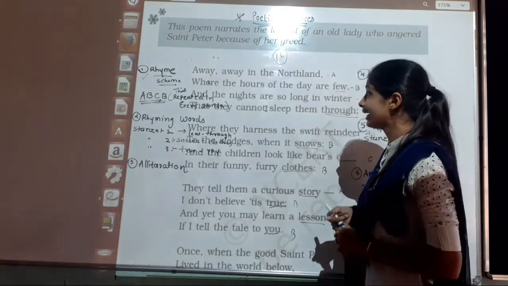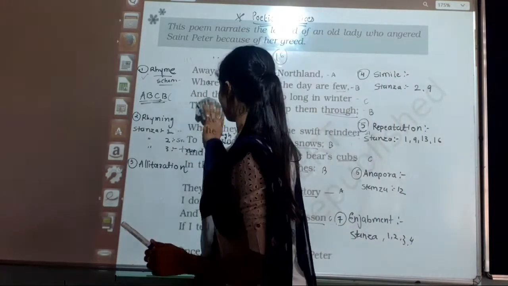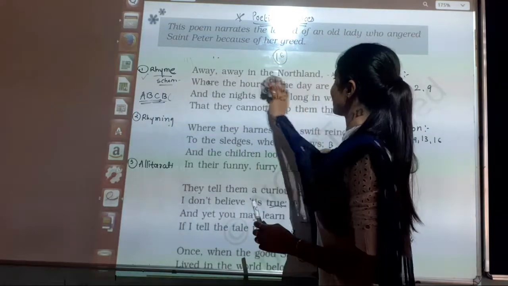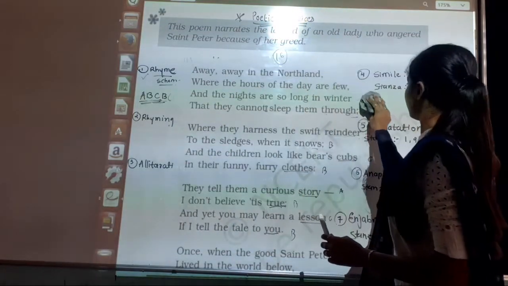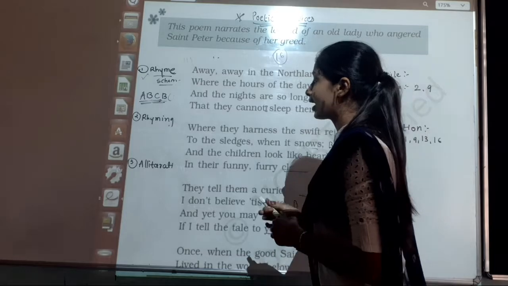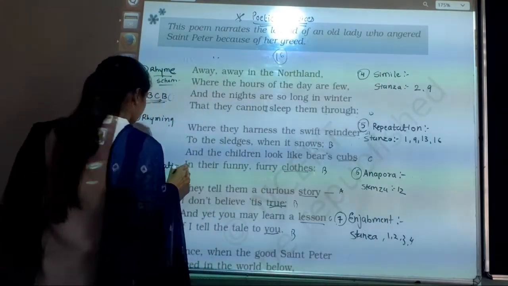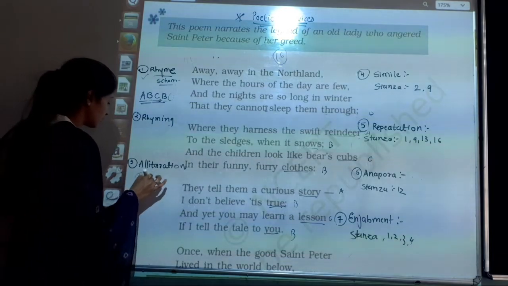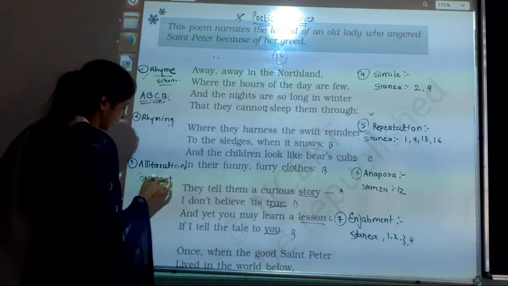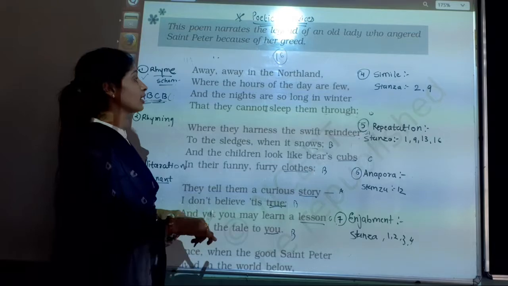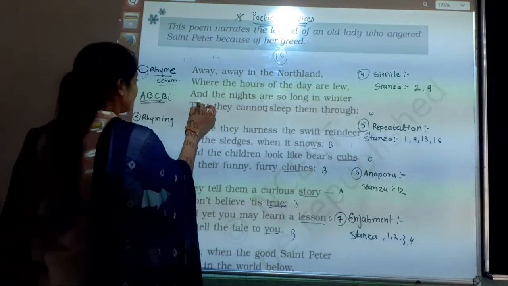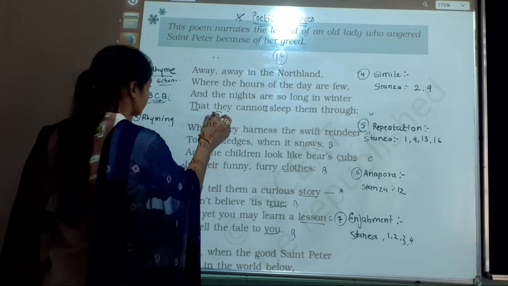For example here, in the first stanza, which word becomes the alliteration here? Alliteration means repetition of consonant sound, right? Which consonant sound is repeated here? For example here, D and they, the sound is repeated.